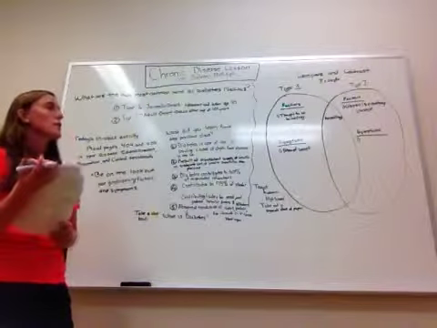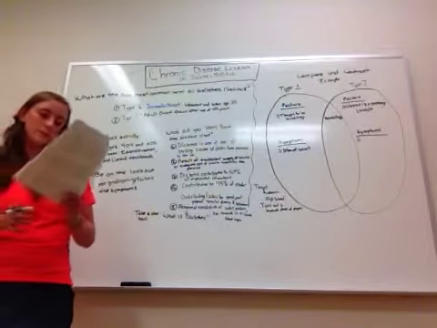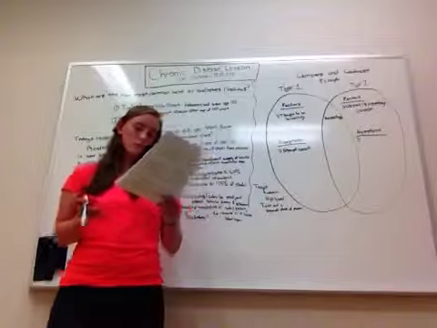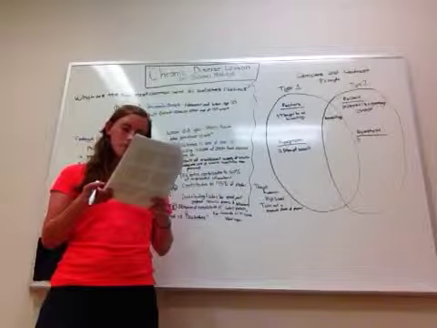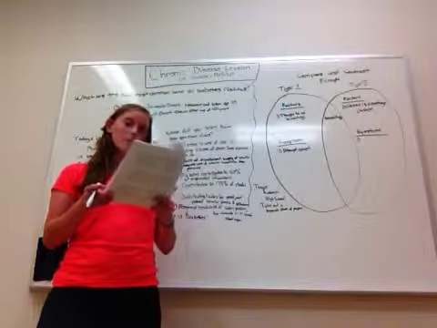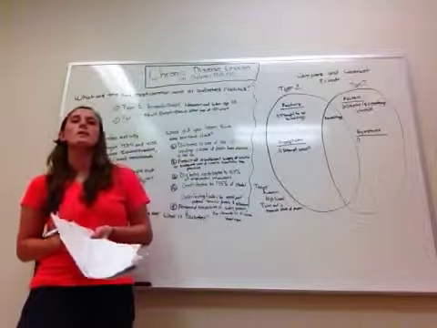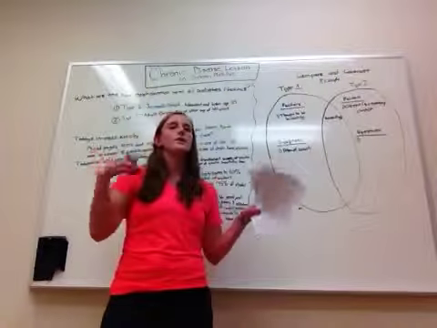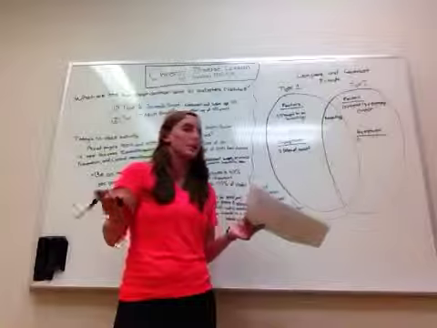For type 2 diabetes, can somebody give me a symptom as well? Correct. Unlike type 1 diabetes, type 2 diabetes has a gradual onset, so it's not all of a sudden.